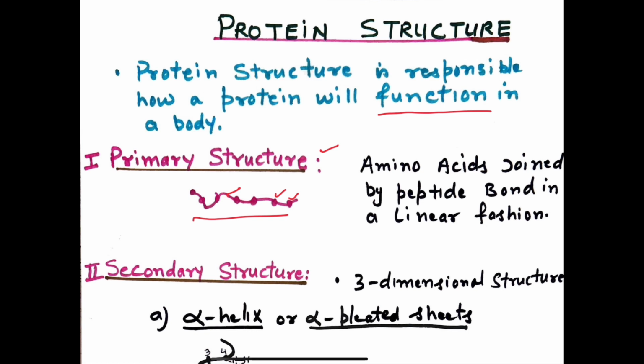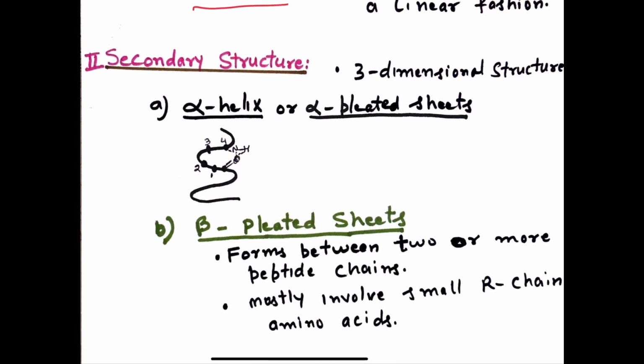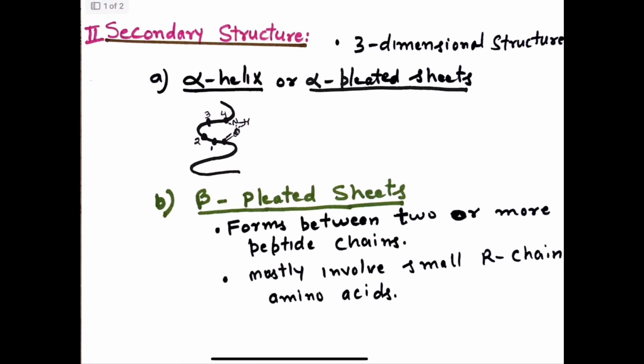And next, we're going to talk about secondary structure. So secondary structure, it's a three-dimensional structure. There are two types of secondary structures.